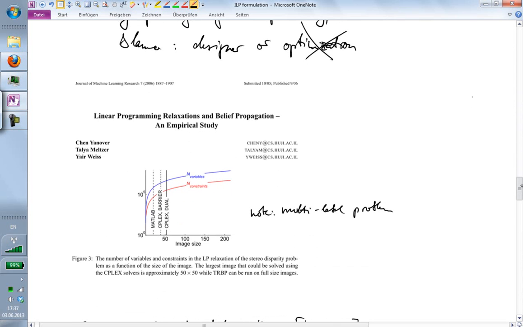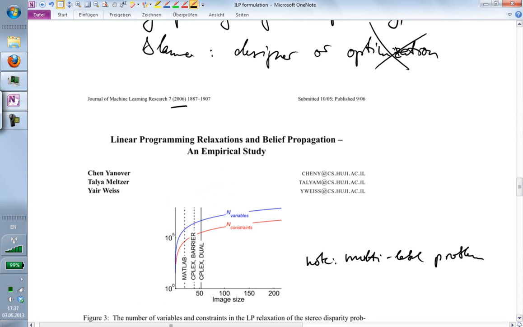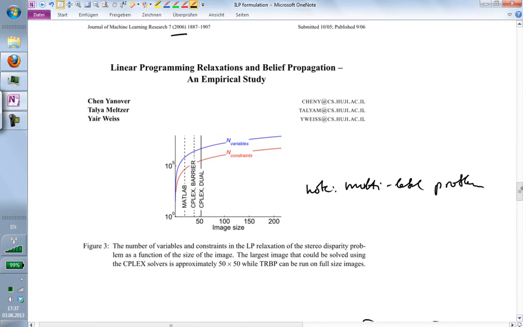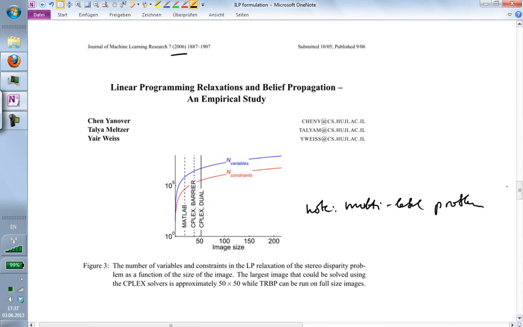Now, what does this buy us? I have an image here from a paper published in 2006 by Yanover, Meltzer, and Weiss. And they picked images of varying size and showed that a couple of commercial solvers, within a given budget of RAM and compute time, could solve problems on images up to size 50 by 50.